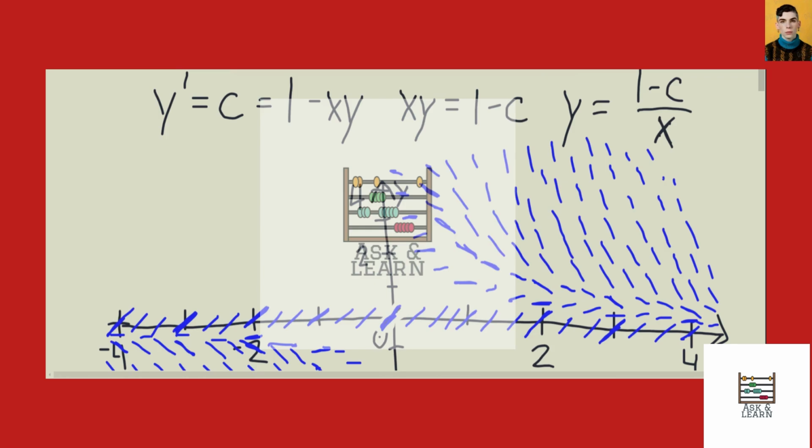So we take c equal to 0.5. This is the same as y equals 0.5 over x. This is another hyperbola, but it's going to be compressed by a factor of 2 now, so closer to the origin.